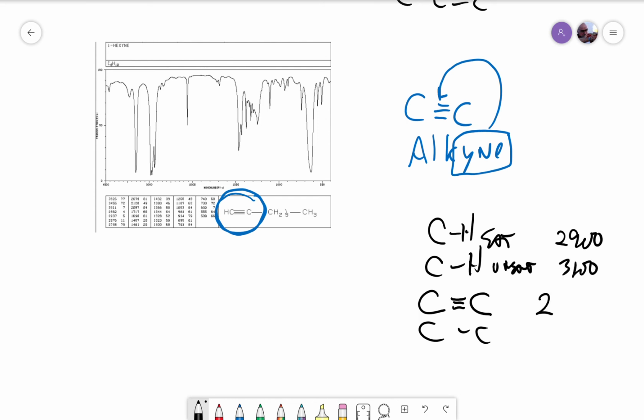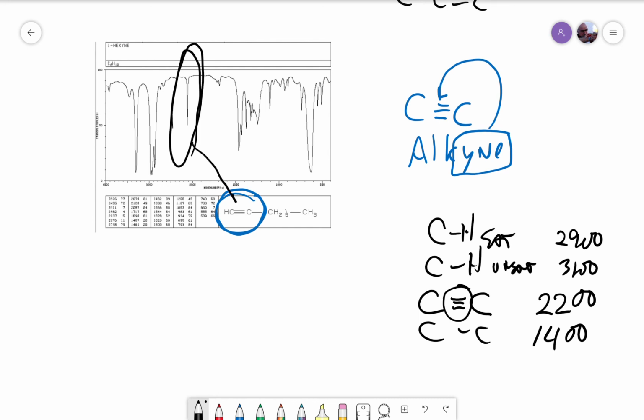This one is going to be the fastest because it now has a triple bond, and this one will still be about 1400. This sharp peak at 2200 reciprocal centimeters can only mean it has a triple bond. Any molecule that has a triple bond can be specified by that particular peak. We have the CH stretches, and we have the CC single bond.